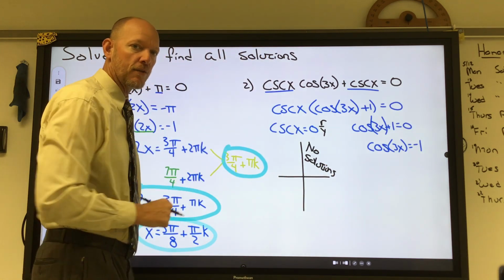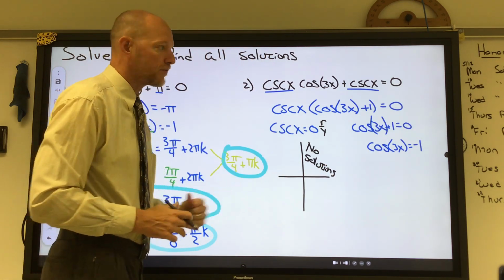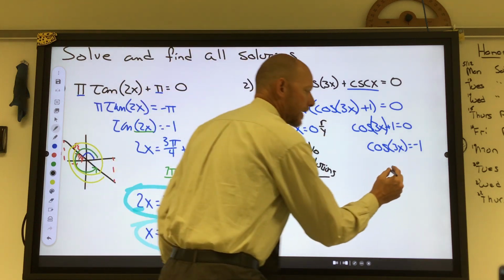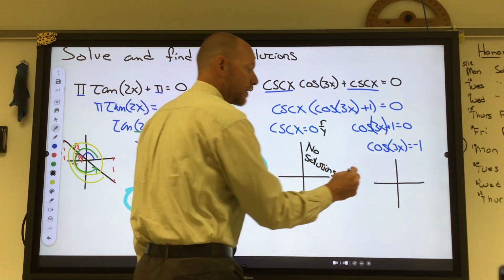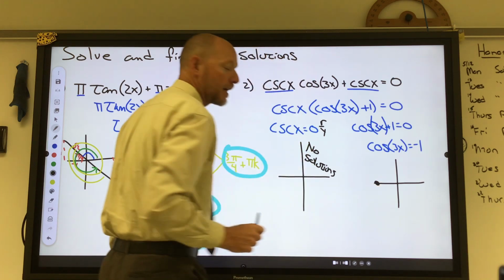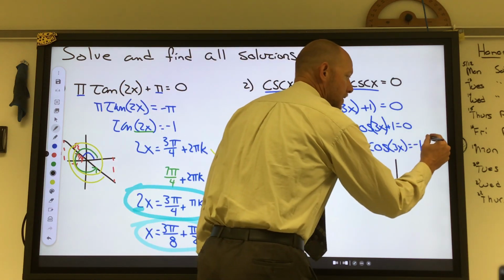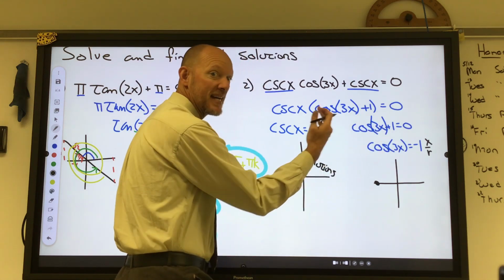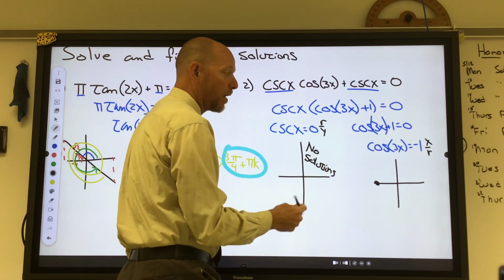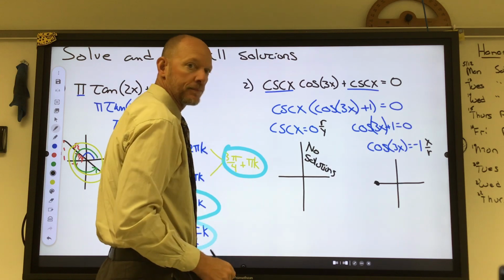So I don't get anything from the first factor. There's no solutions from here. Now if we go over to our next portion, cosine -1, well that tells me I'm going to be right here. Because again, this is x over r. So the x component would be a -1, the radius would be a 1, hence we get the -1.